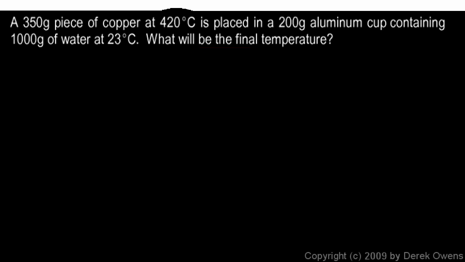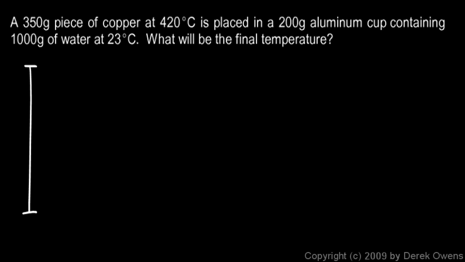I'm not going to draw a picture, but I will come over here and draw a little temperature scale. I know the cold temperature is 23 degrees Celsius, and the hot temperature is 420. So the copper starts up here at 420 degrees Celsius and cools down, and the water and the aluminum both start here at 23 degrees Celsius and warm up.